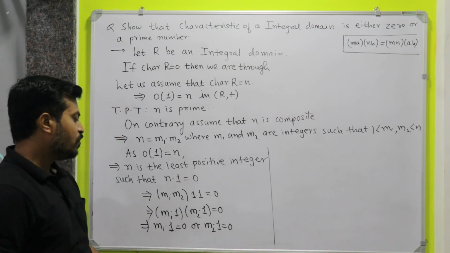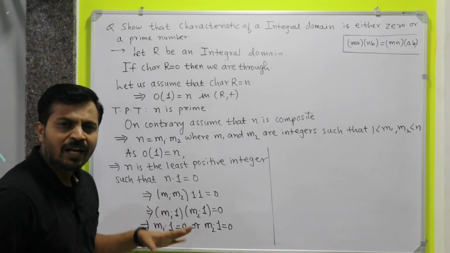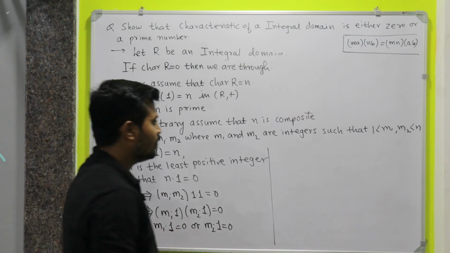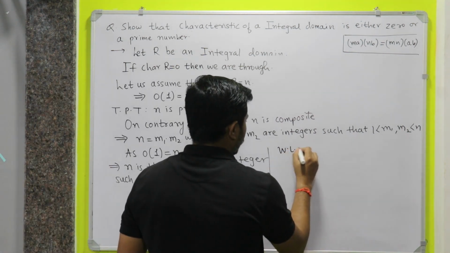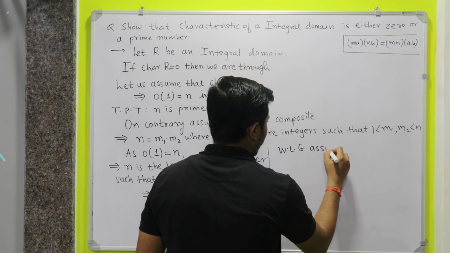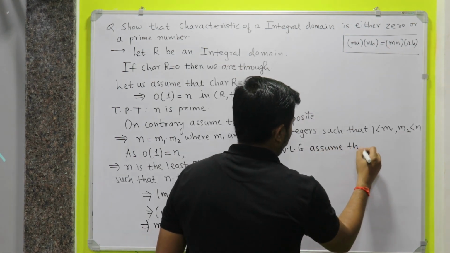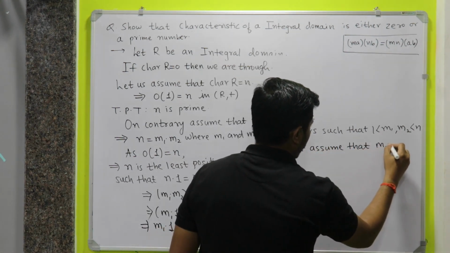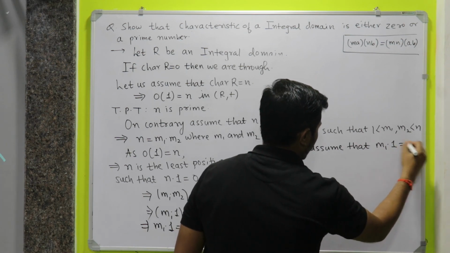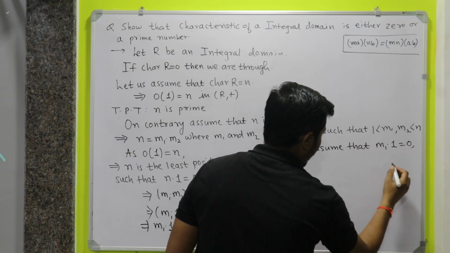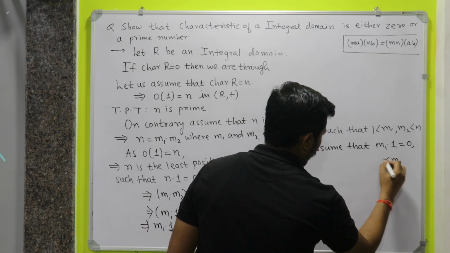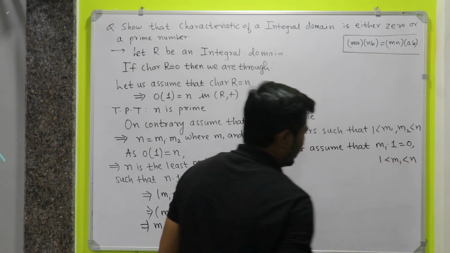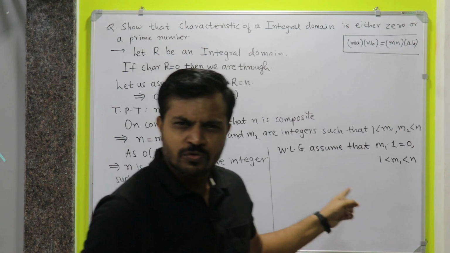So without loss of generality, let us assume that this m1 multiplied by 1 is actually 0. And what is our value of m1? m1 is greater than 1 and less than n. Is it true?